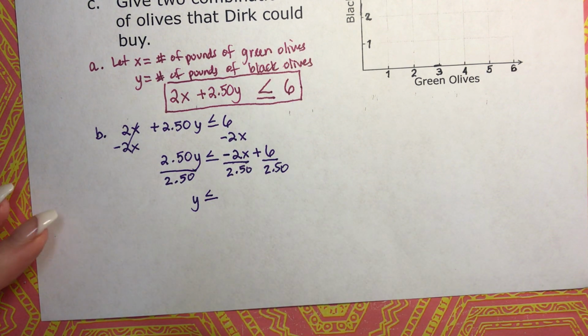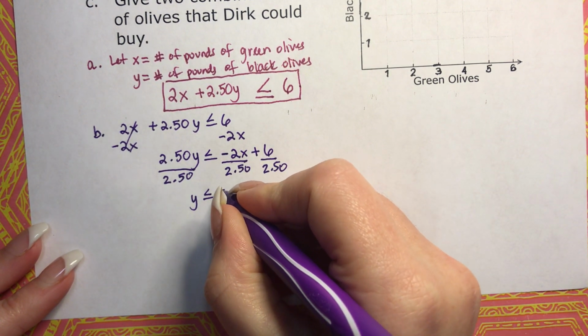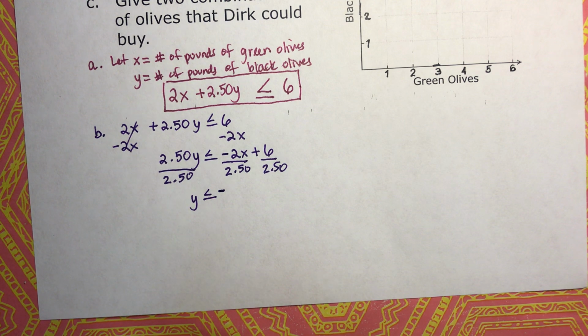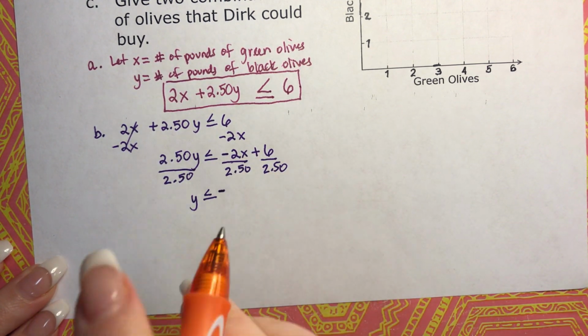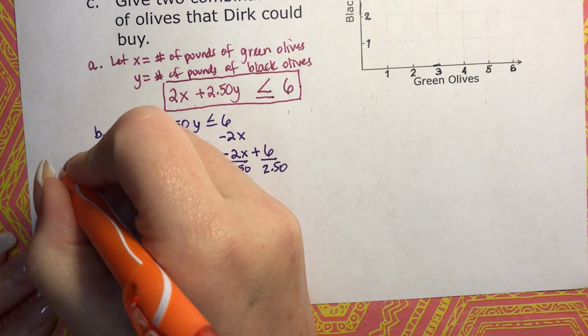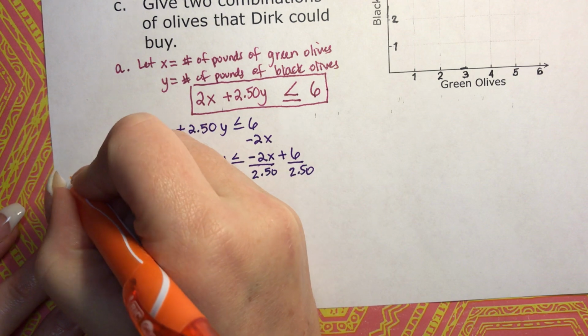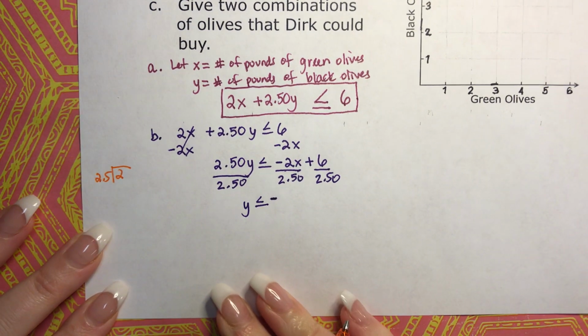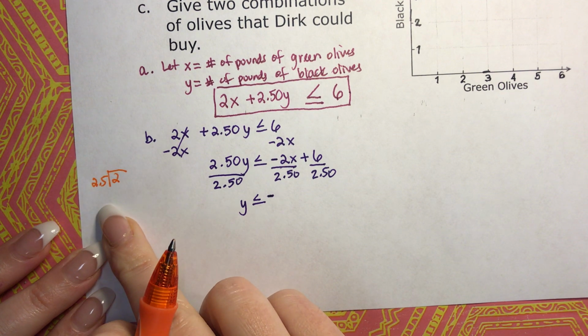I'm not going to put the negative because I know a negative divided by a positive, my answer is just going to be negative, right? So I just need to go 2 divided by 2.5. So 2 divided by 2.5. Okay, I'm going over here on the side. Can you see that? 2 divided by 2.5. And remember, whenever you're dividing by decimals, you have to know that you can never divide by decimals.